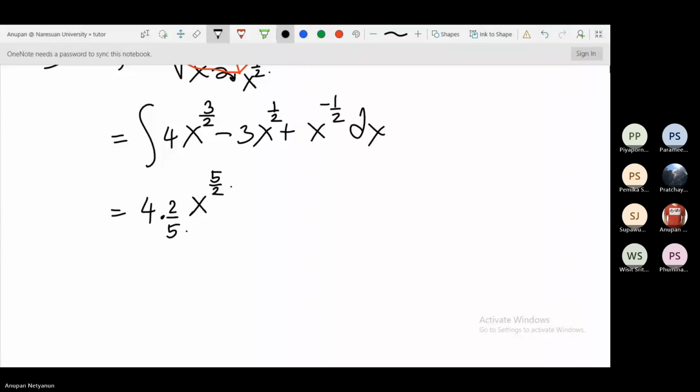Okay. And in the same way, negative 3 can come out of the integral. And my guess solution when I take the integral of this is x to the power of 1 over 2 plus 1, which is 2 over 2. So I have the power of 3 over 2, right?